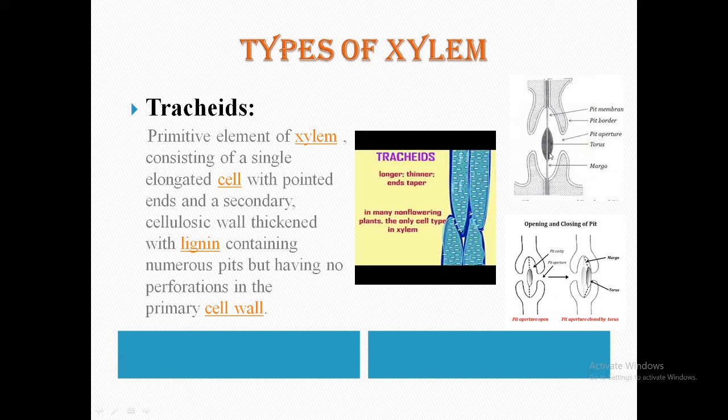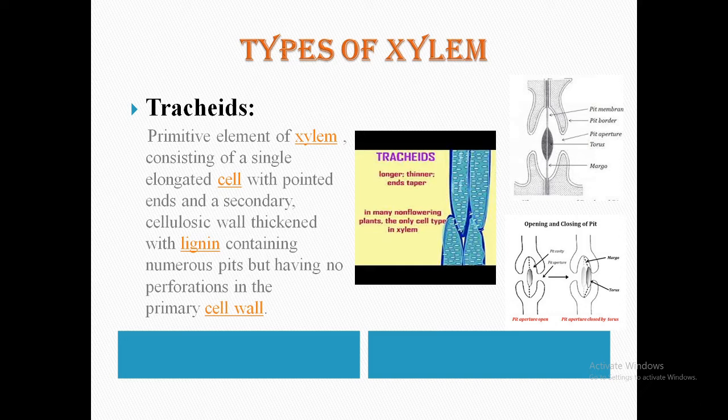Such pits with a border are called bordered pits. If a pit lacks a border, it is called a simple pit. In angiosperms, the pit membrane is homogeneous, whereas in gymnosperms, the pit membrane is heterogeneous.